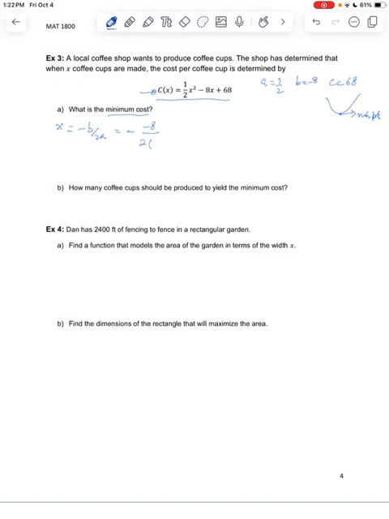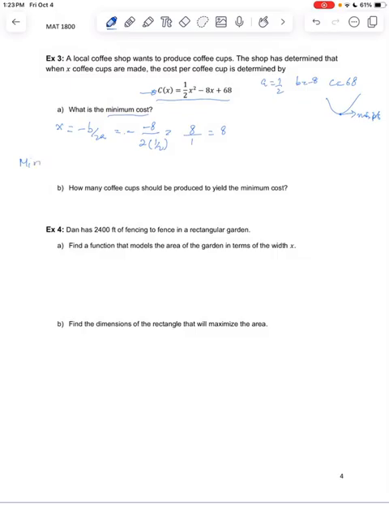Now the negative and negative become positive, and I have 8 on the top, and 2 into 1/2 is 1, so I get 8. So x is 8, means 8 cups, and that will give us minimum cost.